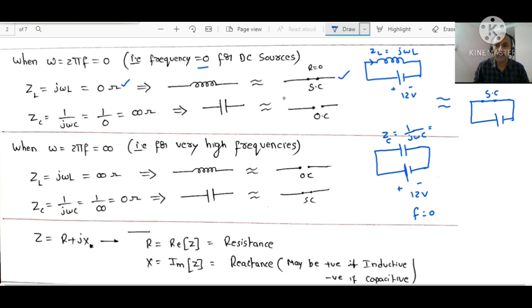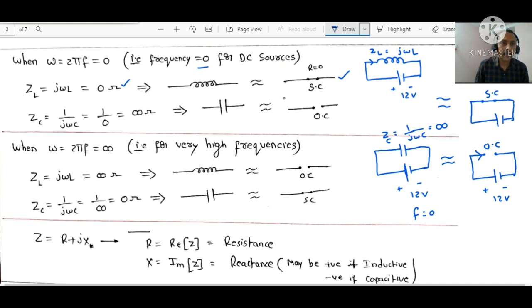Something divided by 0, the impedance became infinity. So the capacitor behaves like an open circuit, no current flows. The moment you apply DC here, it became open circuited. These two basics are very important with respect to the impedance when the frequency is 0.